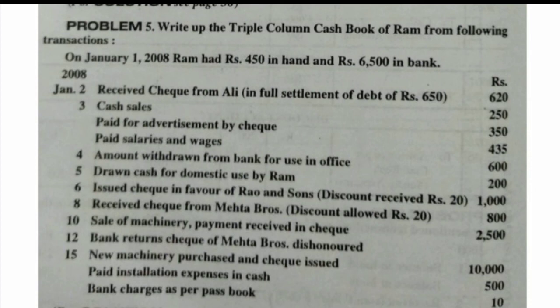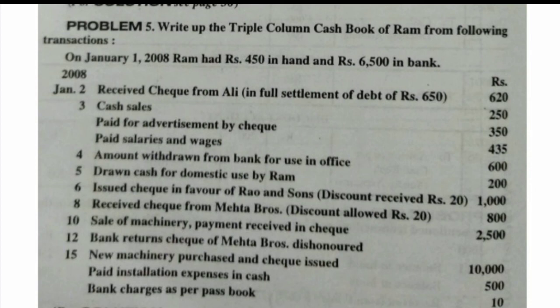While we are solving, we are assuming that the check is deposited on the same day, so we are taking the bank account only. If you want the solution given in the book, you can take the assumption that the check is not deposited on the same day and take the cash account on the debit side.